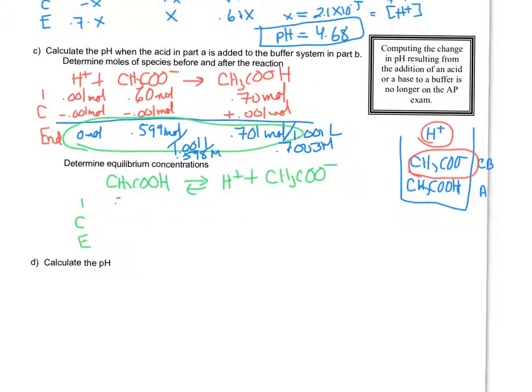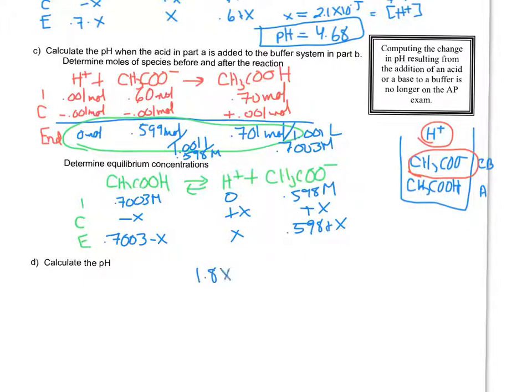So 0.7003 molar, 0.598 molar, minus x plus x plus x, 0.7003 minus x, 0.598 plus x. So now I can set up my Ka expression. So my Ka is equal to 1.8 times 10 to the negative fifth.